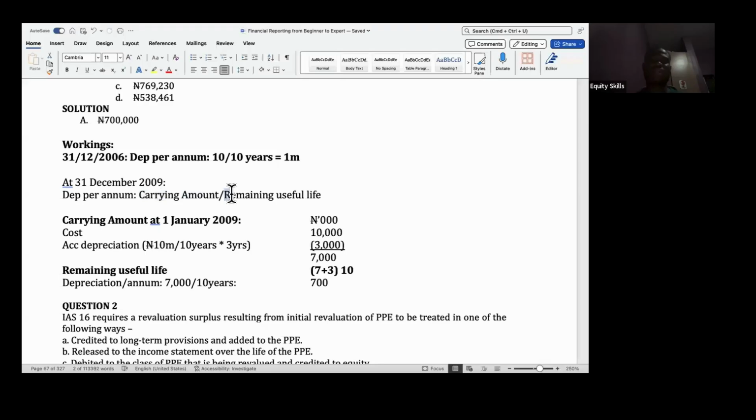Then I'll divide that by the revised useful life or the remaining useful life. Note that the original life of these assets was 10 years, as at 2006. At the beginning, where there was this change, the remaining useful life of the assets would be 7 years because the asset has used 3 years.